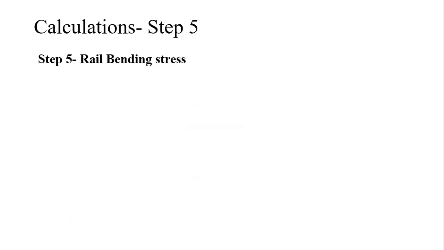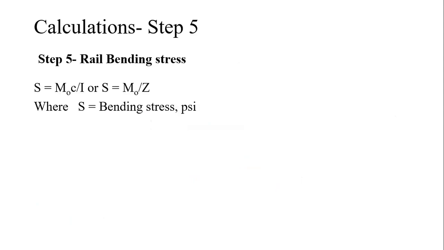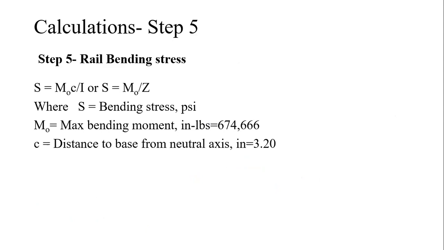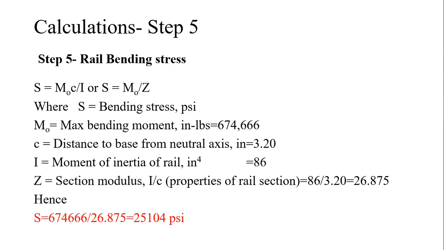Then step 5, rail bending stress. We know this equation, and from there we find the value, just plugging in the values we have calculated above. The stress can be calculated from these calculations.